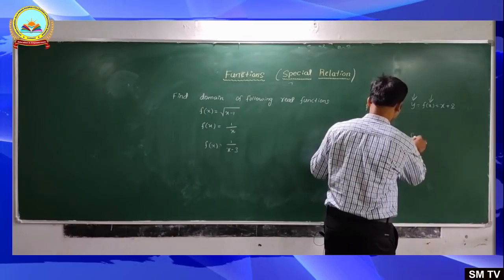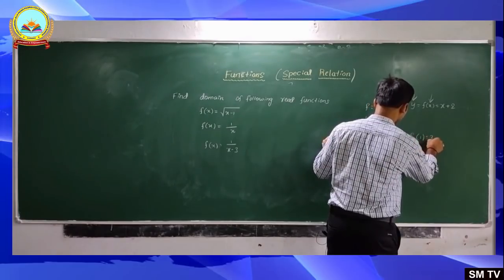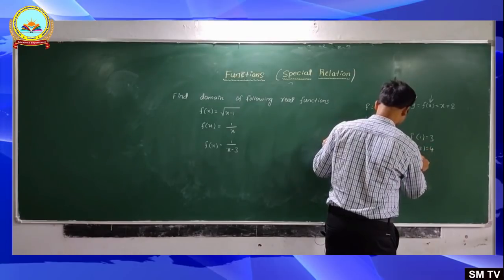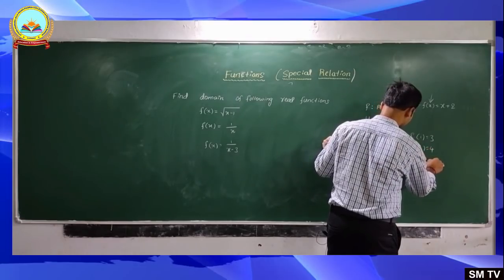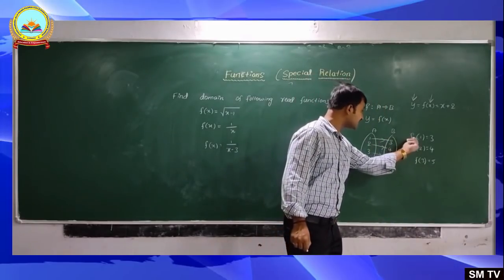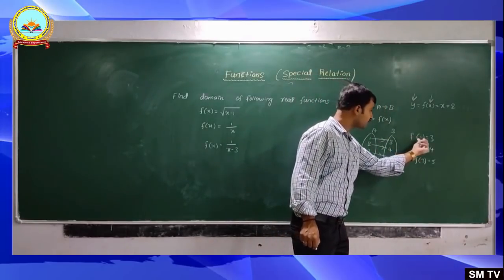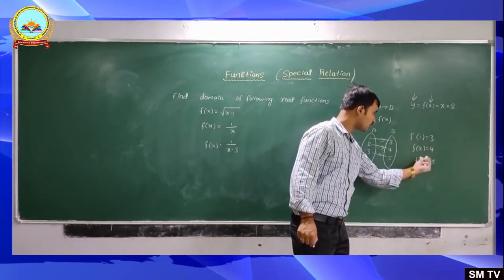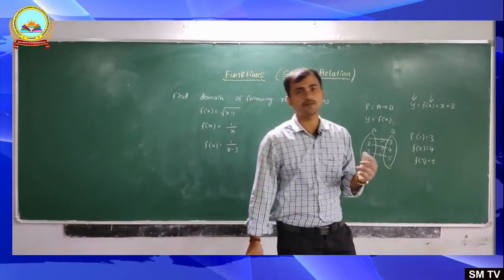We write f of 1 is equal to 3, f of 2 is equal to 4, f of 3 is equal to 5. The meaning of this is, under this function f, if you give the input as 1, output will be 3. Input 2, output 4. Input 3, output 5.